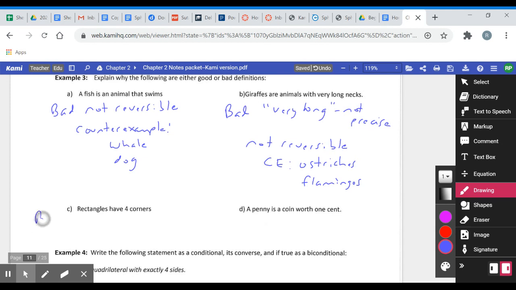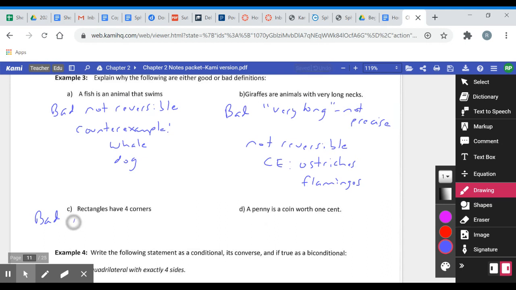Okay, then on C, it says rectangles have four corners. Again, I would consider that to be a bad definition as well. The word corners is not super clearly defined. And also, if I do the reverse of that, if a figure has four corners, then it is a rectangle, then again, that's just not very precise.